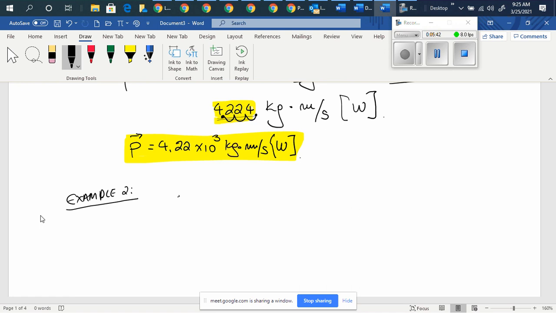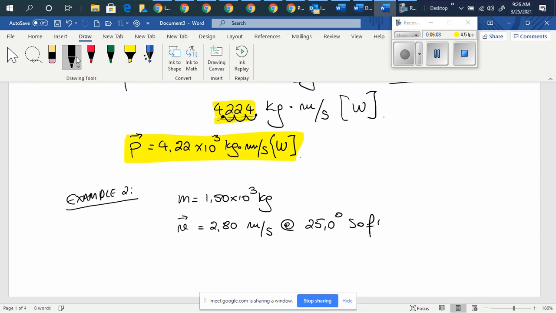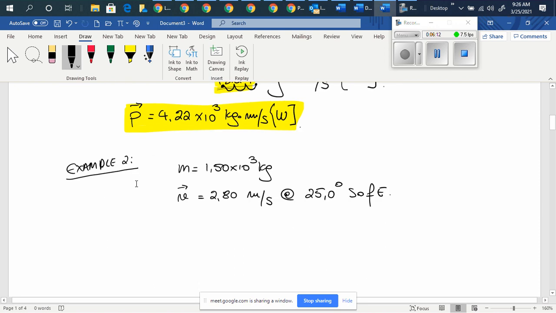Again, we have a car that has a mass of 1.50 times 10 to the power of 3 kilograms, and the object is moving with a velocity of 2.80 meters per second at 25 degrees south of east. And we are looking for the momentum of this car.